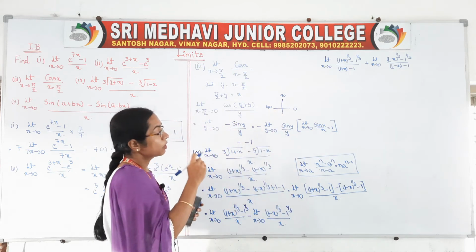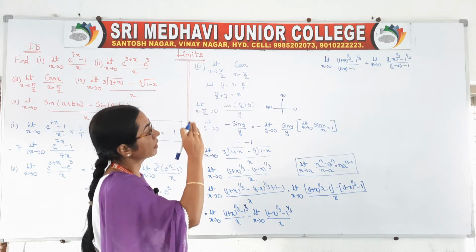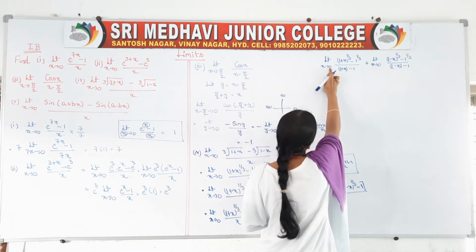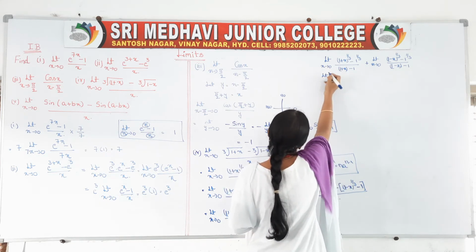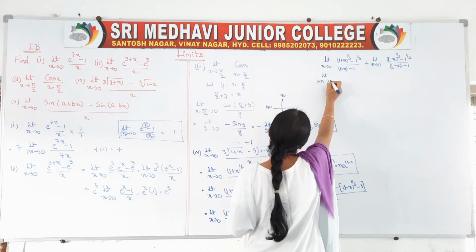Here this x value must tend to a. That means if we compare this one, there it should be 1 plus x tends to 1. Definitely if x tends to 0, adding 1 on both sides, 1 plus x tends to 1.